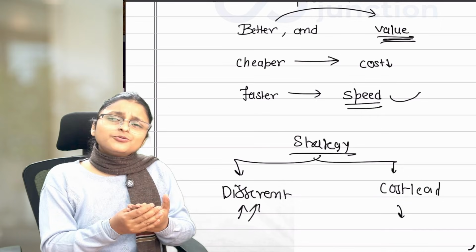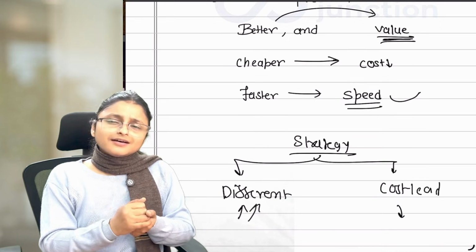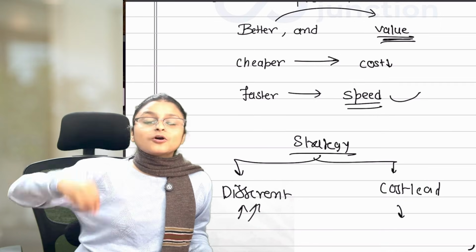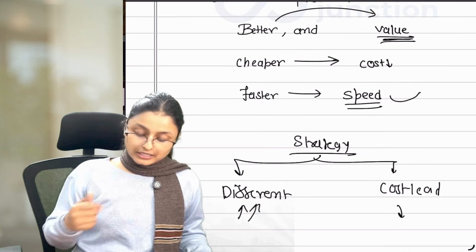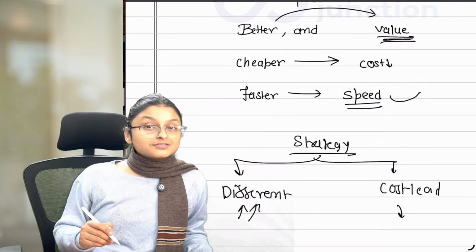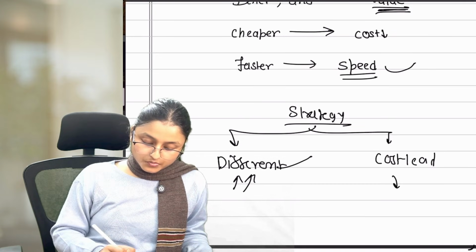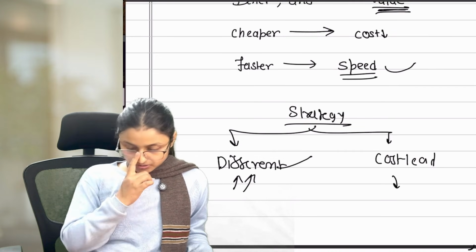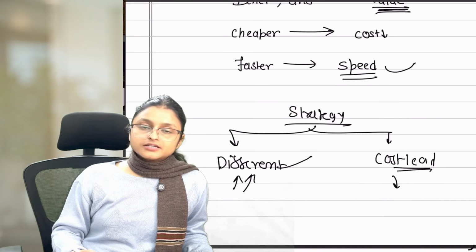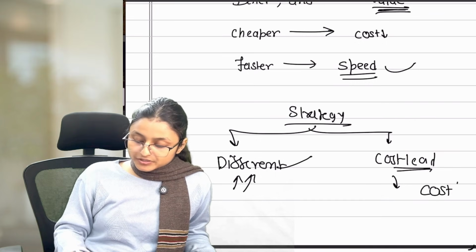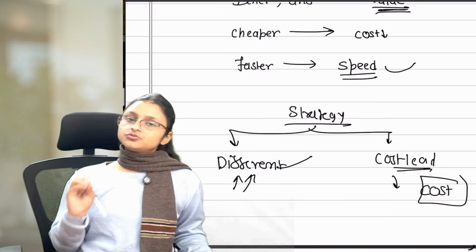I'll definitely do that. I'll definitely try to reduce my cost if I'm able to, even if I'm following that differentiation strategy. That means that even if you're following differentiation, you will try to reduce cost if it is possible. And in your cost leadership strategy, your main aim is to reduce cost only.